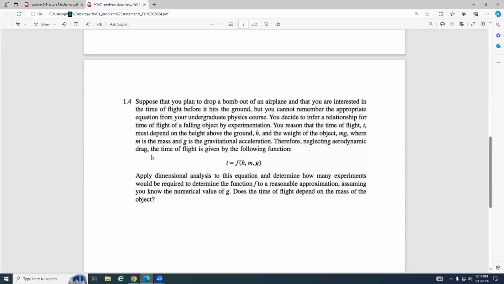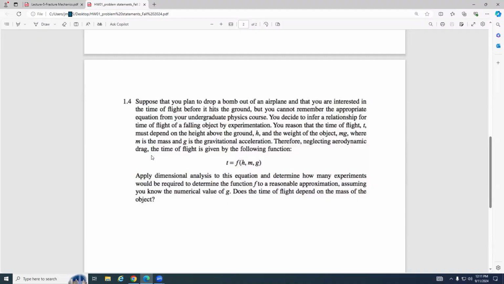Yeah, okay. So first, we need to identify the fundamental units. For this one, what are the fundamental units, guys? Time.